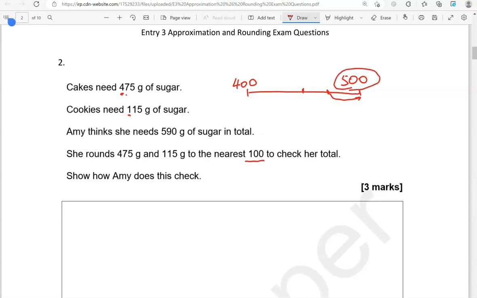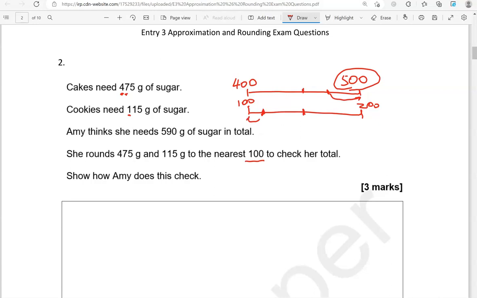Also, you can look at the digit next to the 4 on the right. That's a 7. So if it's a 5, 6, 7, 8 or 9, we round up. So we go to 500 rather than go down to 400. Now 115, that is in between 100 and 200. So 150 is about there. 115 is going to be roughly about there.